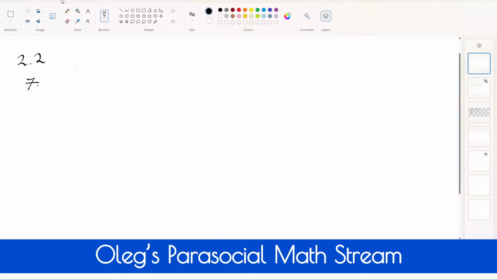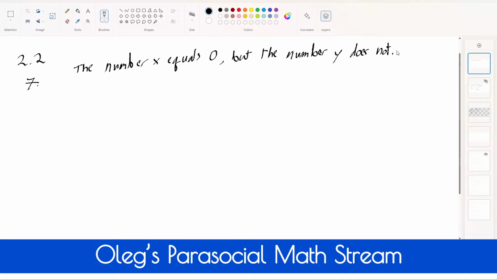So, let's assign it. P such that x equals 0.